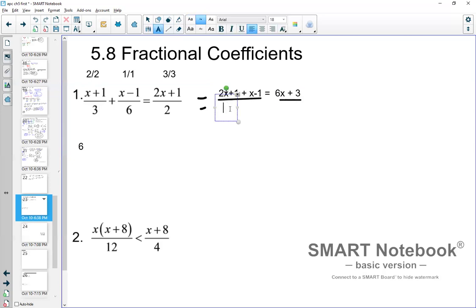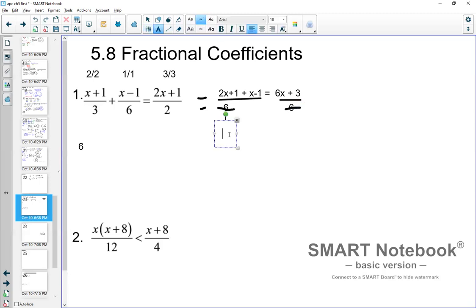Because it's all over 6, I could technically multiply both sides by 6 over 1. As long as I do it to the left and right, that's okay. So if I multiply both sides by 6, it gets canceled out, and all I'm left with is the stuff on top, which is on purpose.